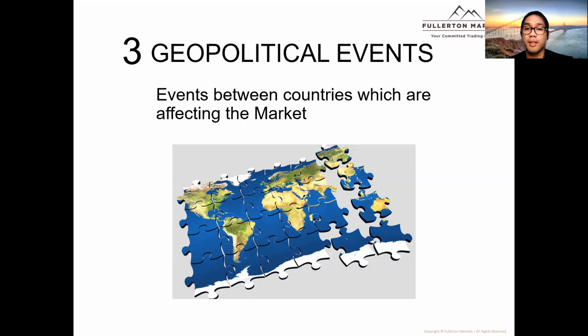We may not be directly affected if, for example, your country decides to open trading relations with another country. You might not necessarily feel it immediately, but it could be a good thing for a lot of major industries in your country. You might be exporting more. You might be bringing more money and more business to your country. This is an example of a geopolitical event.